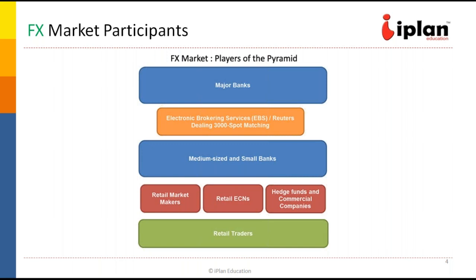Basically these are two machines through which most international transactions go. And then we have medium-size and small banks, all the commercial banks, like HDFC, Citibank, HSBC, every commercial bank. All those are involved in Forex transactions, trading, or business, you can say.